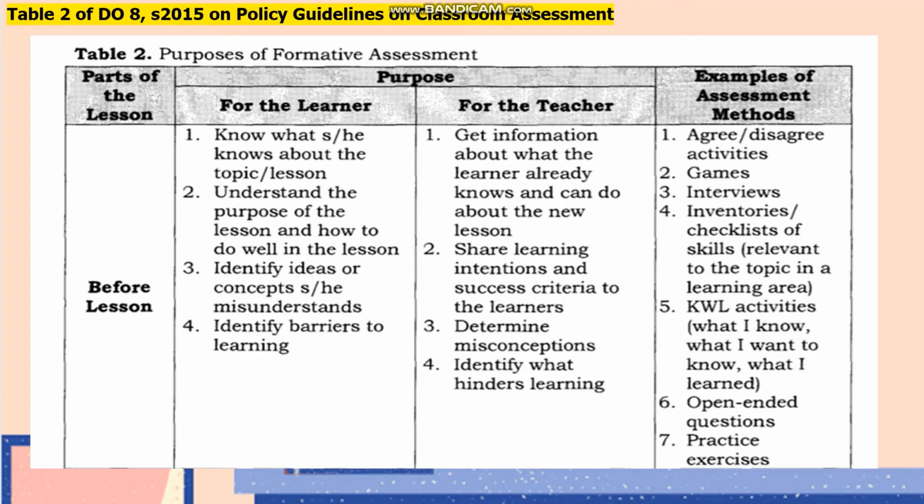For the learner, purpose: know what he knows about the topic or lesson. Understand the purpose of the lesson and how to do well in the lesson. Identify ideas or concepts he misunderstands. And identify barriers to learning.